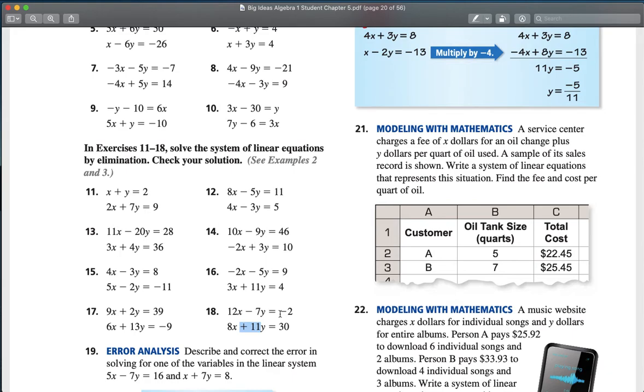But then you're going to have huge numbers. So if you actually knew that 12 and 8 have a least common multiple of 24, then you can multiply the top one by 2, and this will give you 24, and you can multiply the entire second equation by -3.